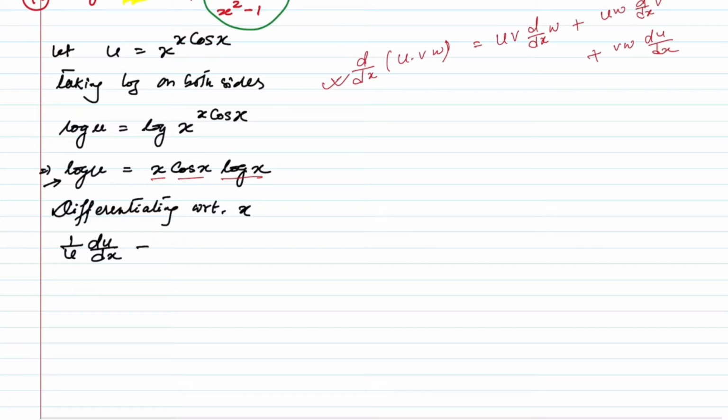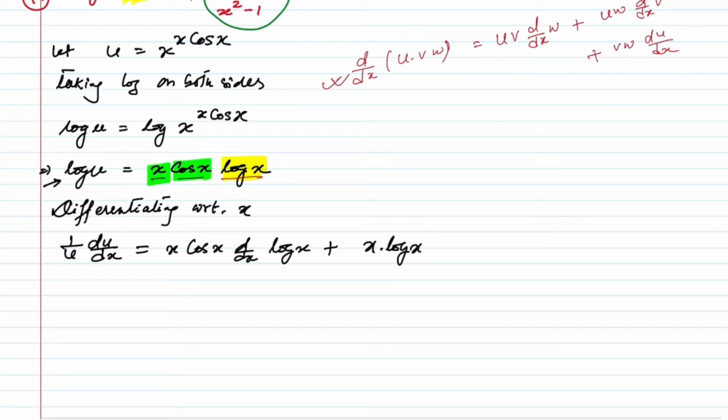So if you differentiate this as a product of three functions, then first two functions x and cos x, then derivative of the third function, that is log x. So this is suppose u and this is v, cos x, and derivative of w, that is d by dx of log of x, then plus u and w, that is x and log of x, derivative of v.